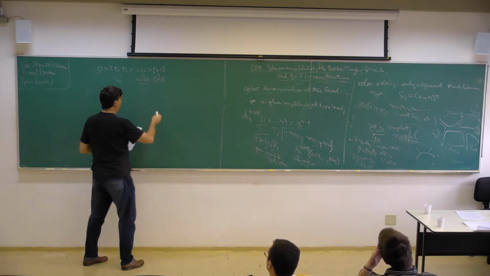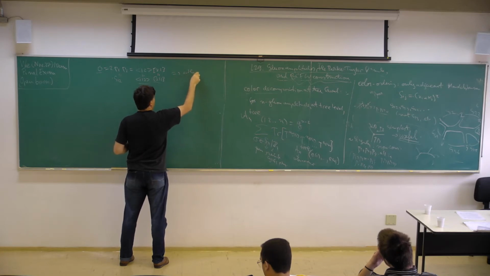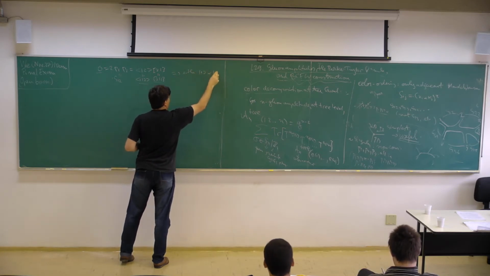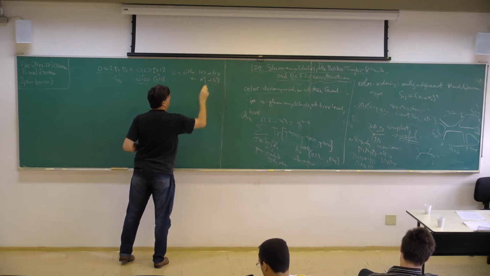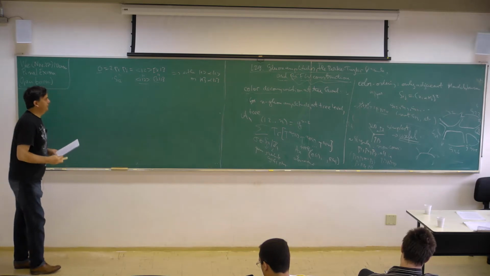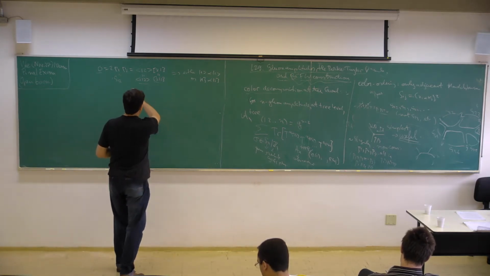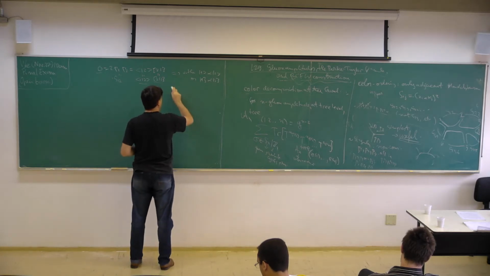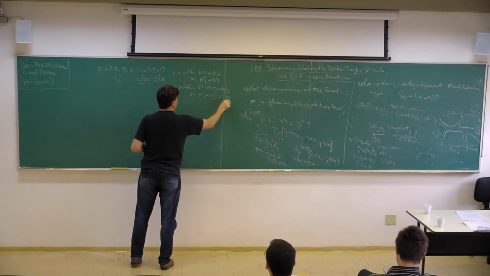So either the angle spinors of 1 and 2 are proportional, or the square spinors are proportional. And since they're all parallel, I can say that in fact either the angle spinors of 1, 2, 3 are all proportional, or the square spinors of 1, 2, 3 are all proportional.